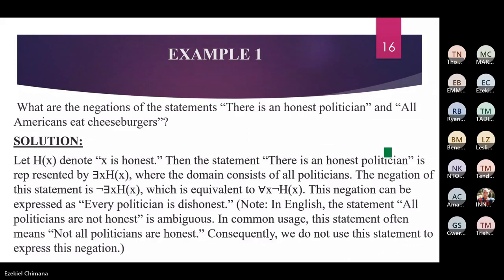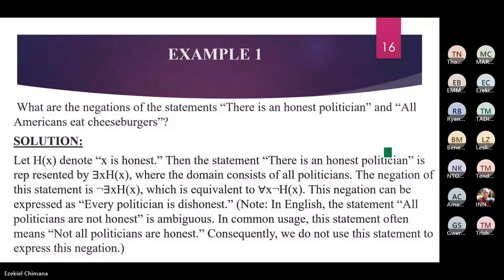There exists x, H of x, where the domain consists of all politicians. The negation of this statement is the negation of there exists x, H of x, which is equivalent to for all x, not H of x. The negation can be expressed as every politician is dishonest.